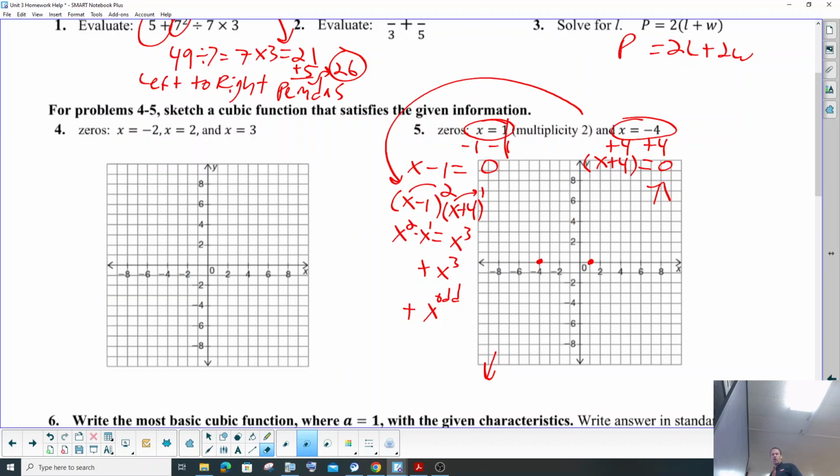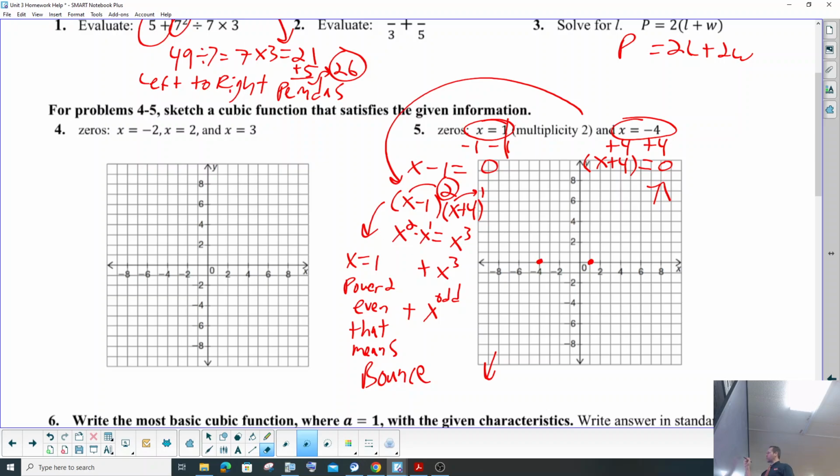Okay, so we also want to know which one bounces. And since we have a 2 for the x equals 1, remember opposite sign, so the power 2 is even, and so that means we're going to bounce at x equals 1.